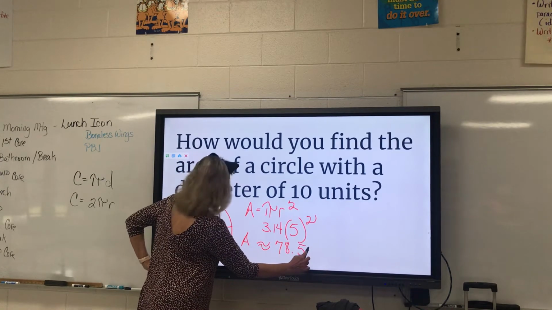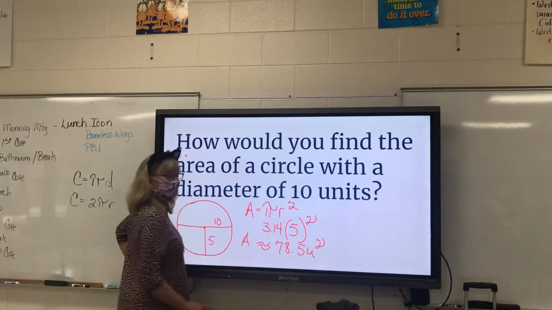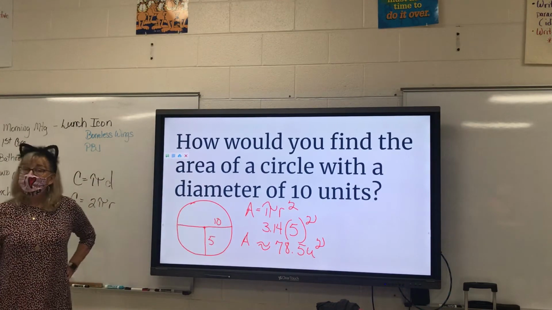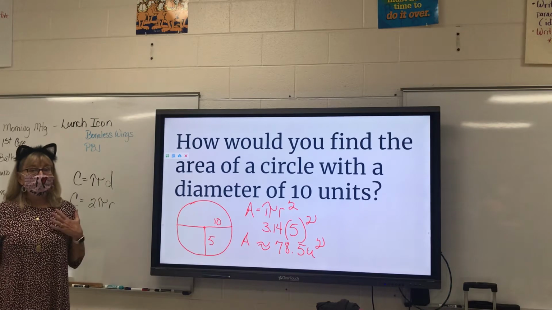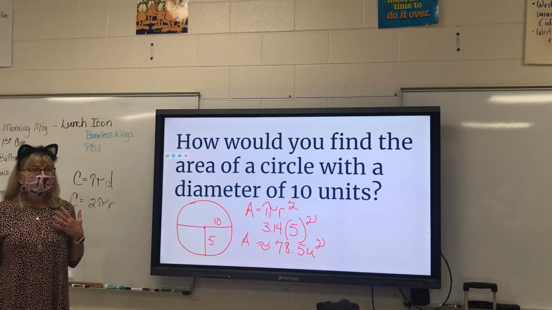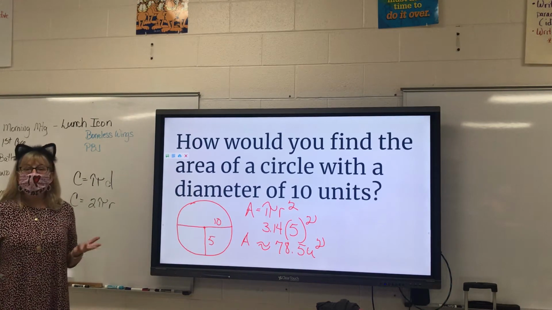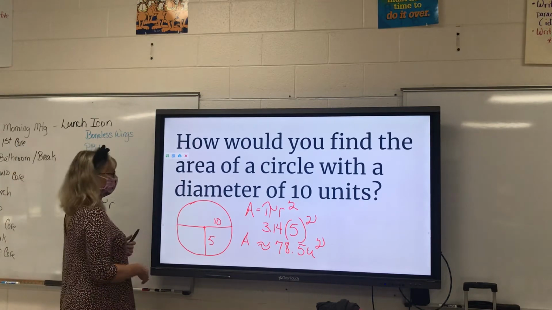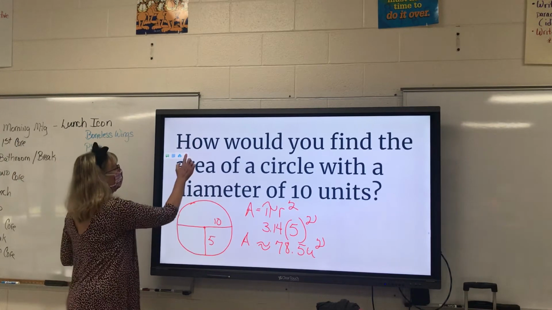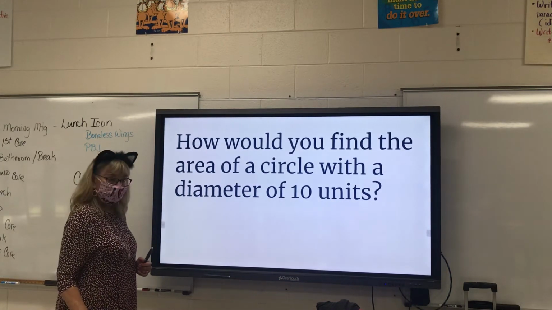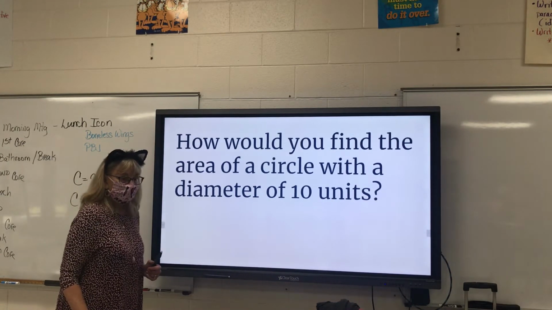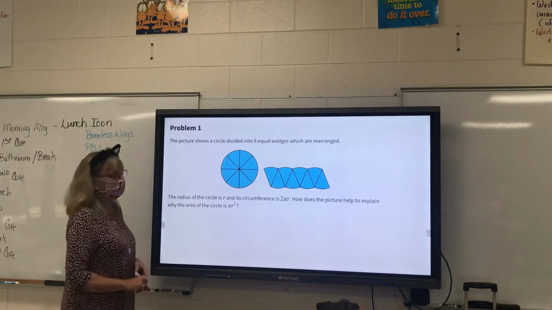And this will be units squared. Okay, so you've got to be careful. If they give you diameter, you have to find the radius. If they give you the radius, then you're good. Questions you have on that? No? All right, let's move on to the practice problems.